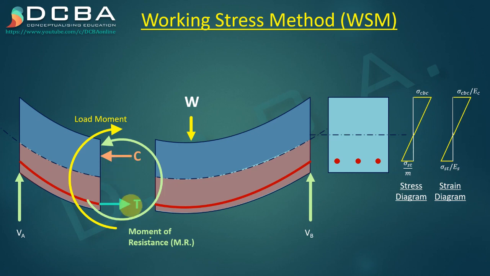Our aim is to find this moment of resistance. How to find the moment of resistance? For finding that, first we'll have to find what is C and what is T. So how to find the compressive force generated by concrete and the tensile force generated by steel. The procedure is simple. Let us just see how we have to do it.